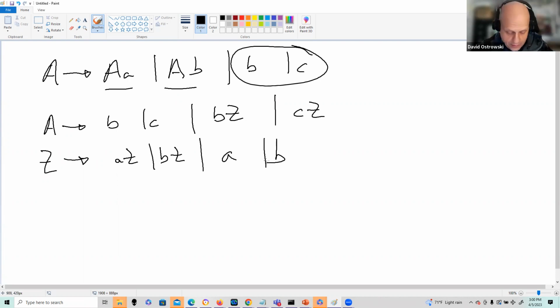So how did I get that, right? Here I am, when I had non-terminal A and non-terminal B, and what I don't have here in Z is the inclusion of C, right?